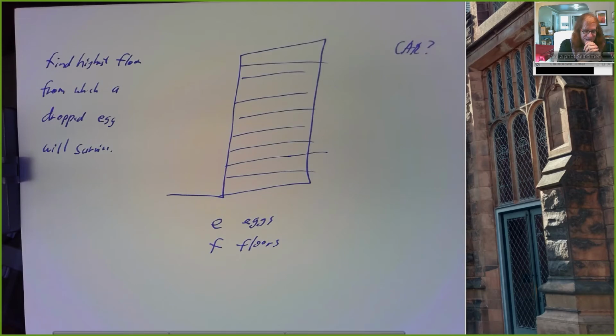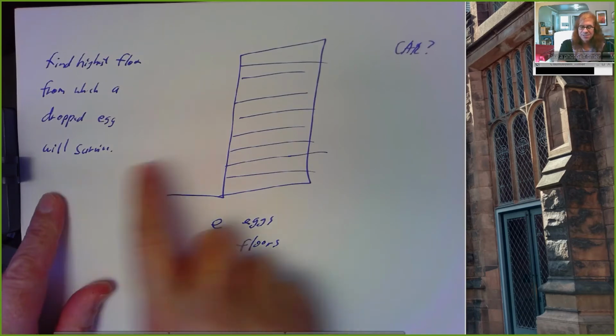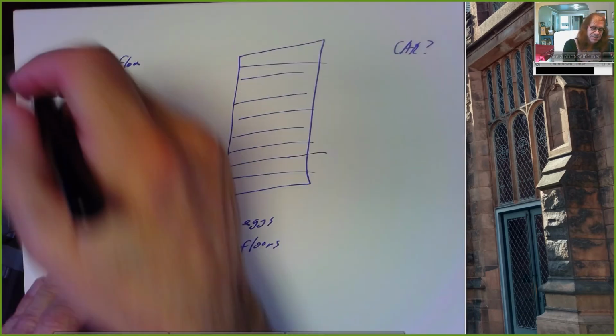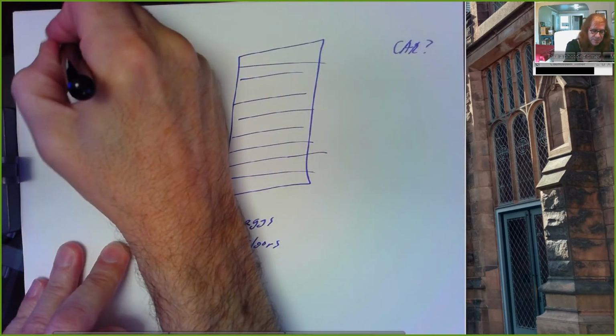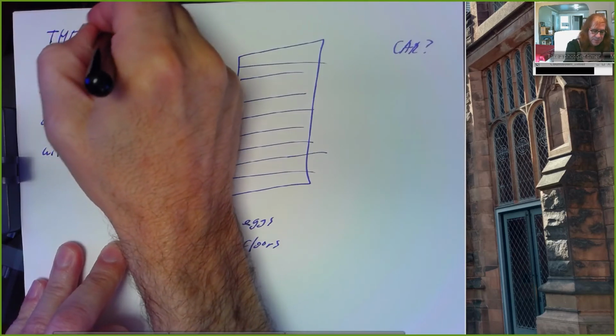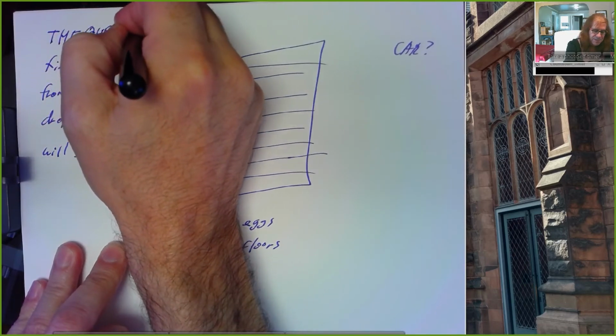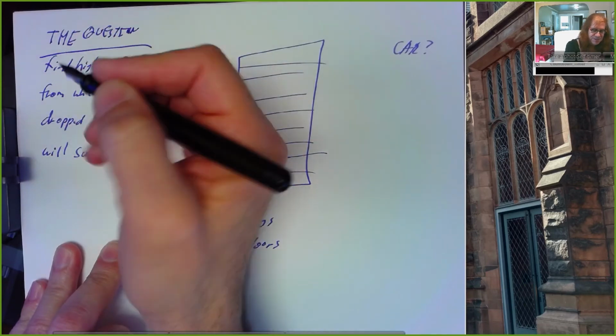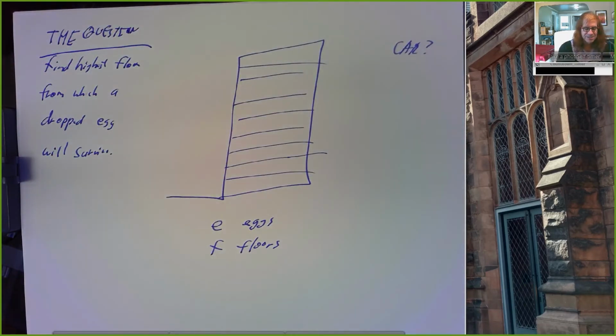So if you've got a total of E eggs and F floors, the question is, how many experiments does it take to answer this question? I'm just going to refer to this as the question. Because we're going to have a number of questions, but this is the question: what's the highest floor from which a dropped egg will survive?